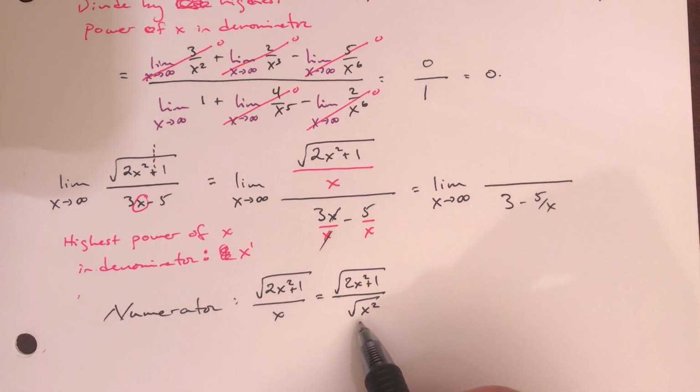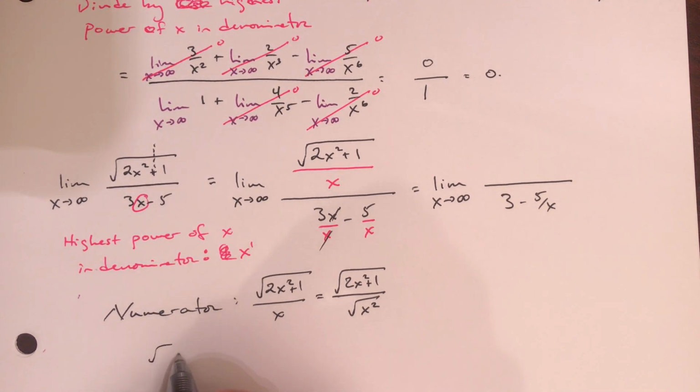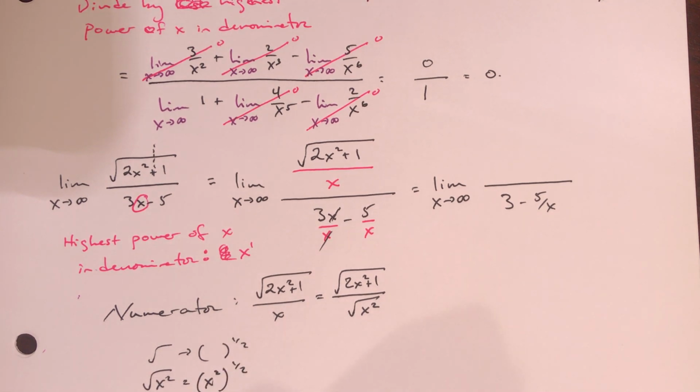Now we know that the square root is the same as the 1/2 power. So the square root of x squared is x squared to the 1/2. And when we raise something with a power to another power, of course we multiply those exponents. 2 times 1/2 is x to the first, which is exactly what we have here.